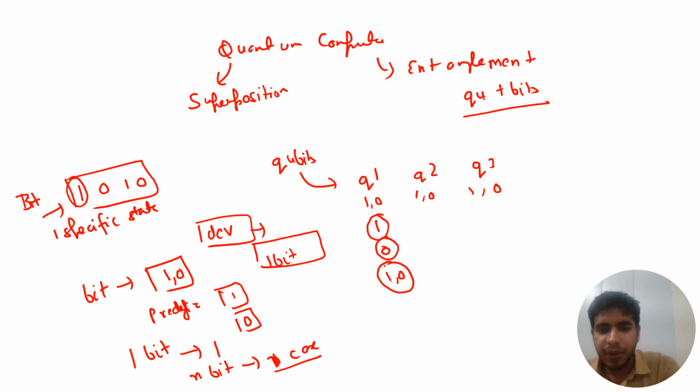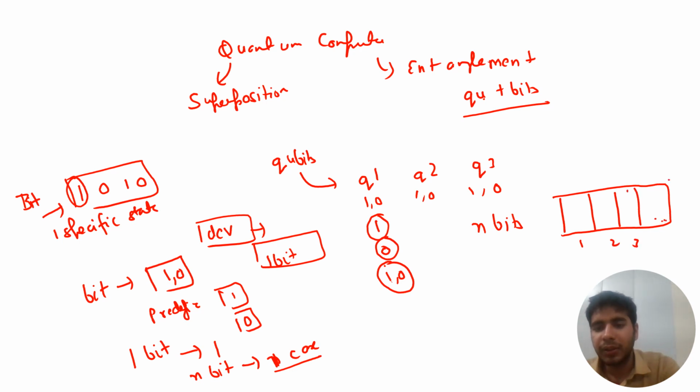Suppose I have n qubits, like 1, 2, 3, dot dot dot n. These n qubits represent a total of 2 to the power n cases.